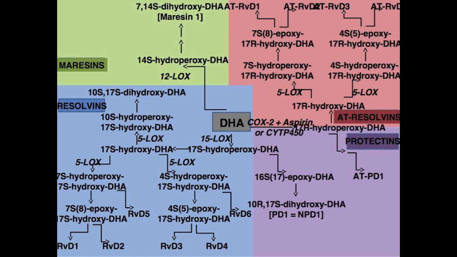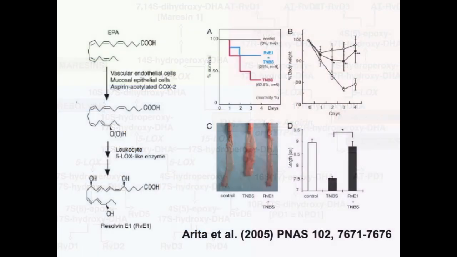I'll show you data from one animal study, just to show you the sort of thing these resolvins can do. This is a mouse study of colitis. In this study, colitis is induced by exposing the animals to a chemical that irritates the colon, causing it to shorten and thicken, as you see here.